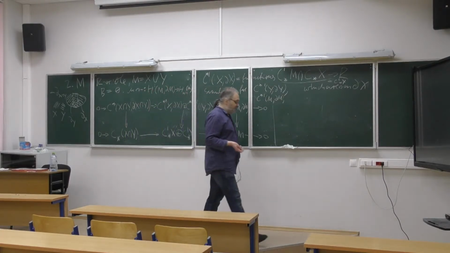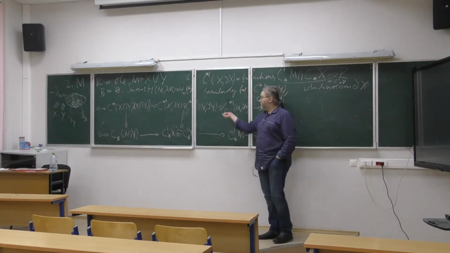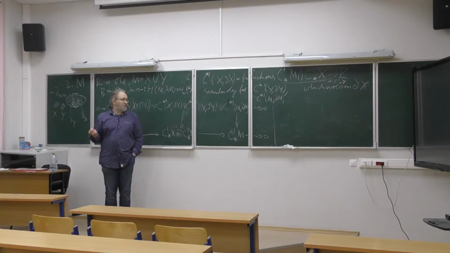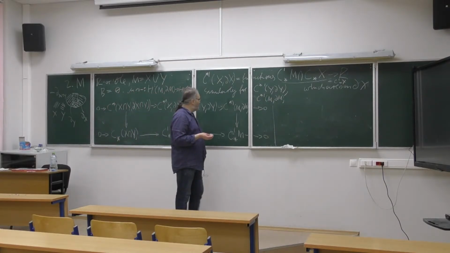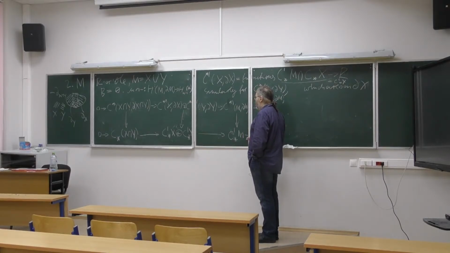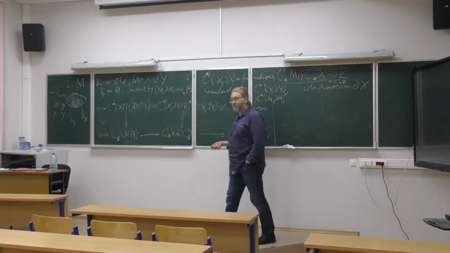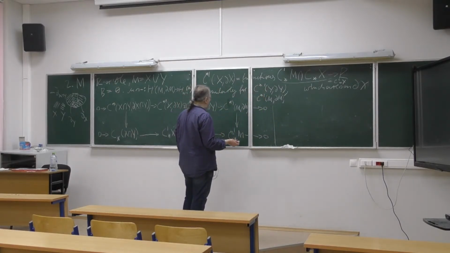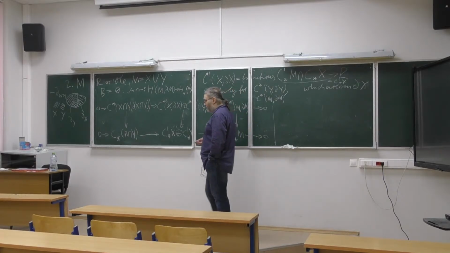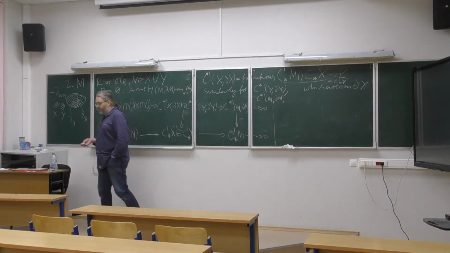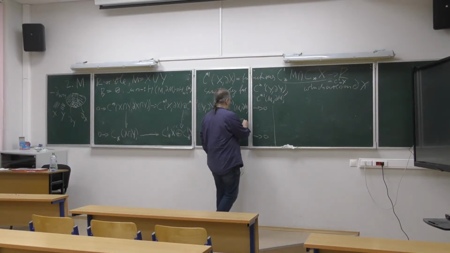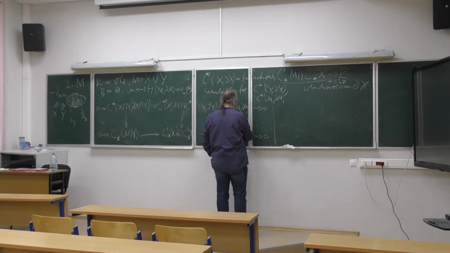And the next thing one needs to check is that there are horizontal arrows which make the diagram commute. Let's start with the right arrow. Well, to define the right arrow, I take the cup product with something.